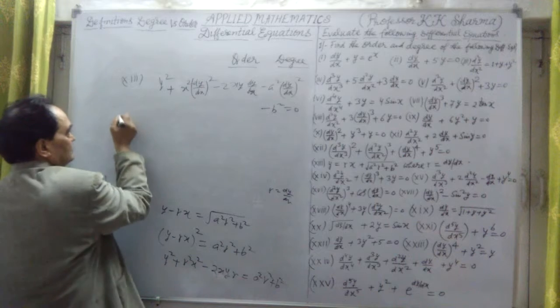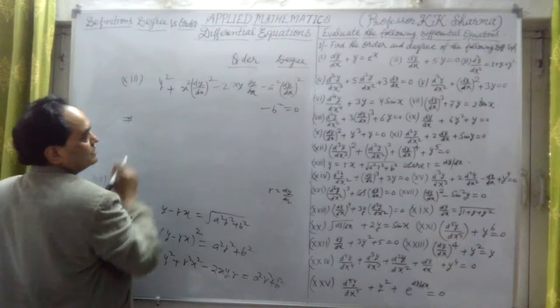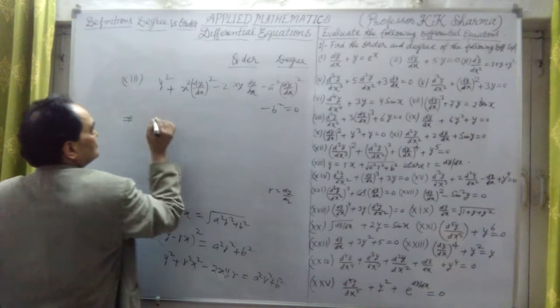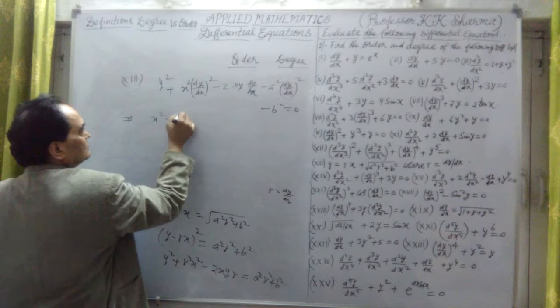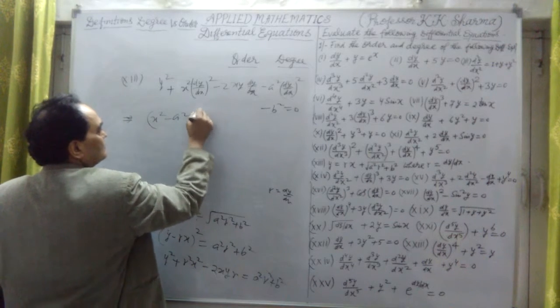Further we can simplify by taking common these two terms. This is x square minus a square into d y by d x whole square.